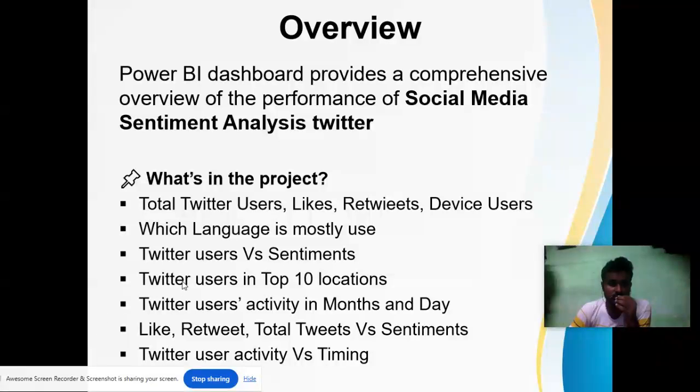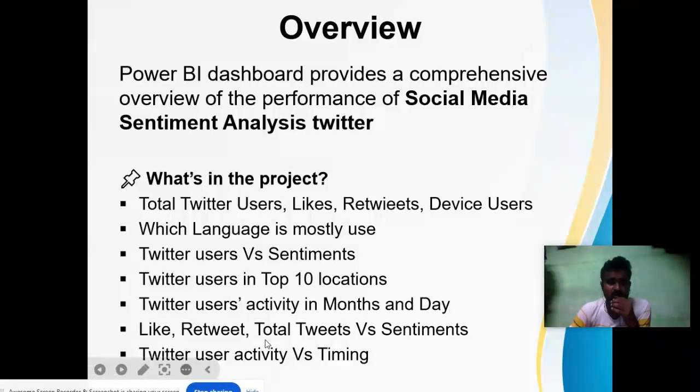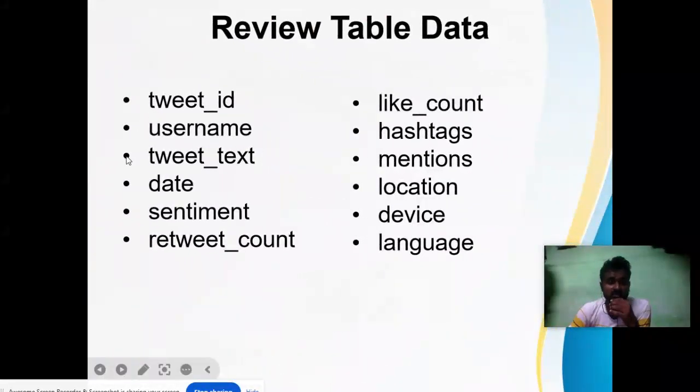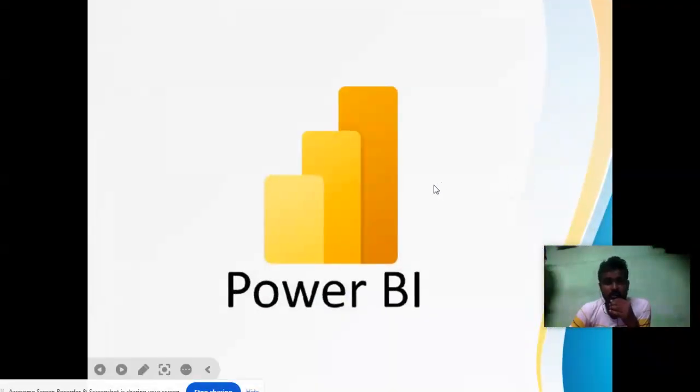The next part is Twitter users in top locations. These are my key metrics. These are the column names. I have used this Power BI tool to create the insight.